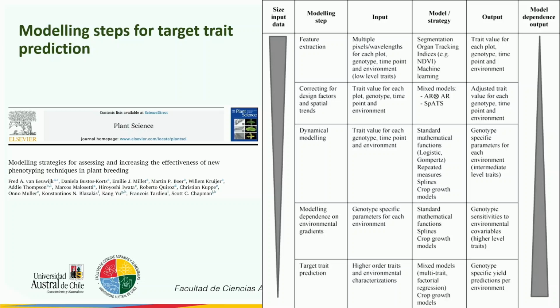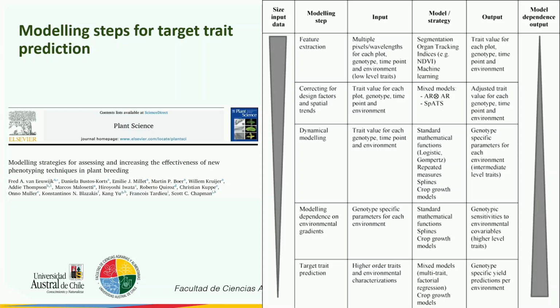At the beginning we start with many pictures, many pixels, but each of those pixels is not very predictive. So we need to do something, on one hand, to go from this picture to a number that best informs what is happening in each experimental unit per time point.